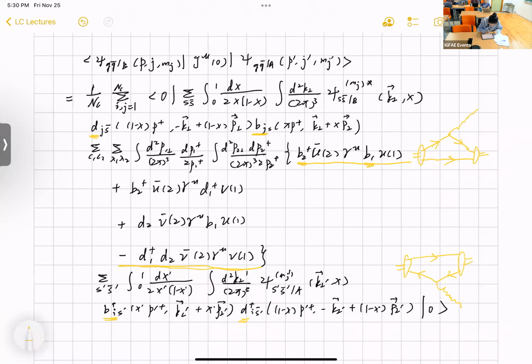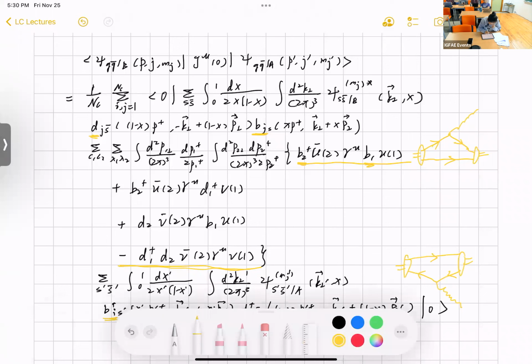And then the 2 terms in between would vanish. But if we have the complete wave function of the state, meaning we have the meson state as an infinite expansion in the Fock space, then the second and the third terms would not vanish. Let's look at what it means.